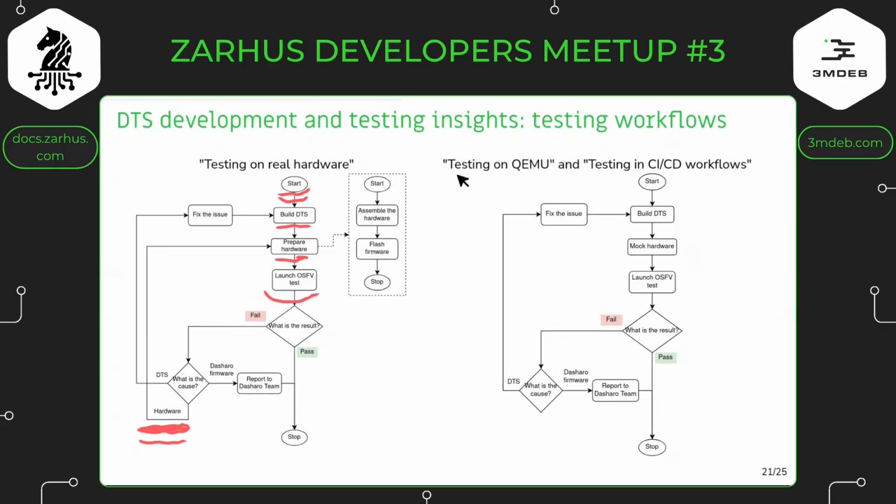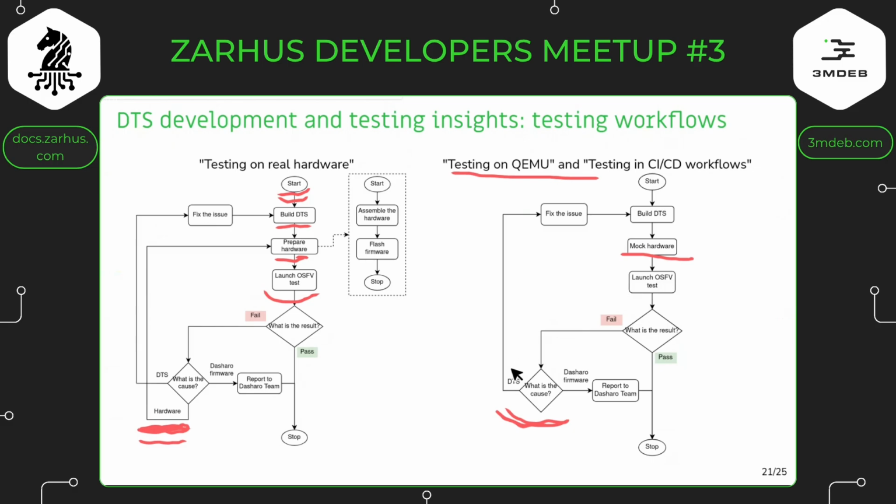And with the new testing methodologies, we're able to get rid of the hardware here and free all the 90% of time that was spent on hardware configuration and solving problems related to hardware for the actual development, thanks to the mocking system that was implemented in the test.